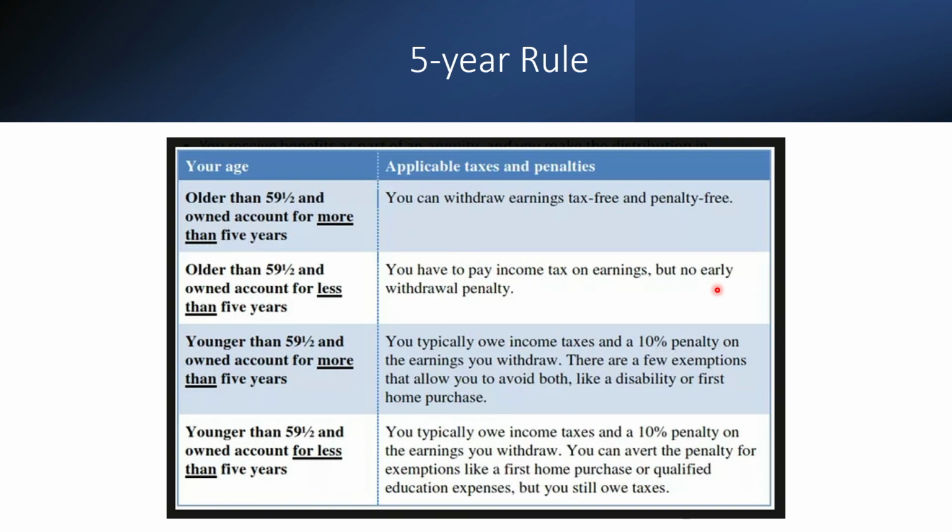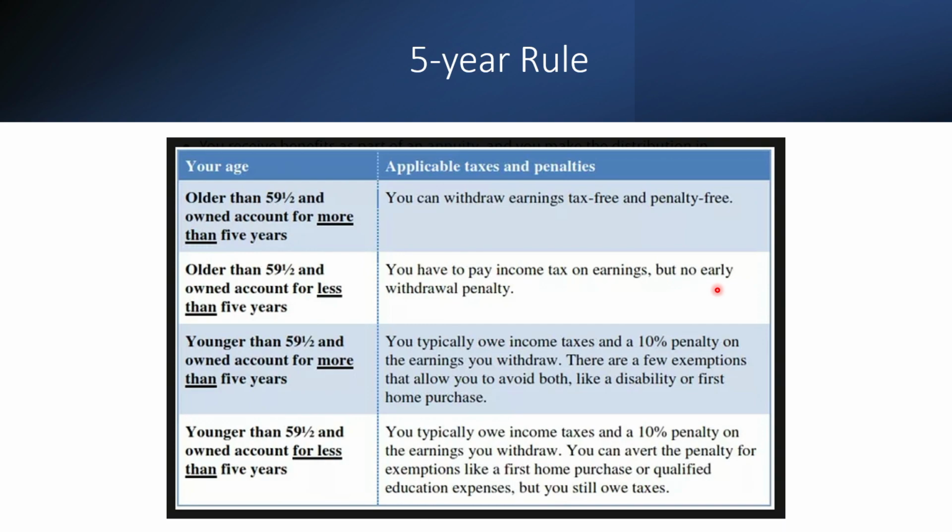The other thing, Dan, if you are younger than 59 and a half and own the account more than 5 years, you typically owe income tax and a 10% penalty on the earnings you withdraw. But you can take out the principal amount.